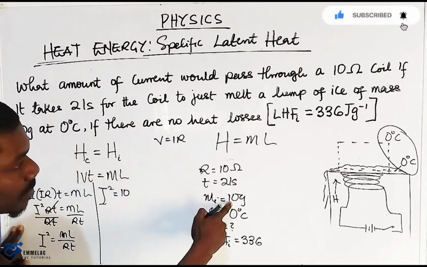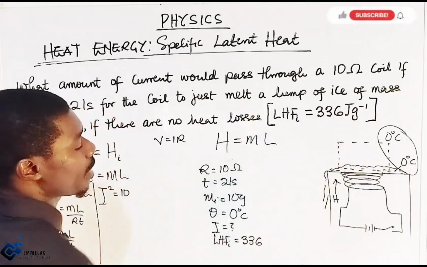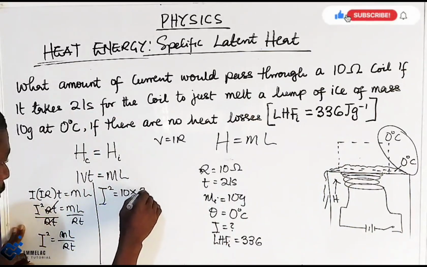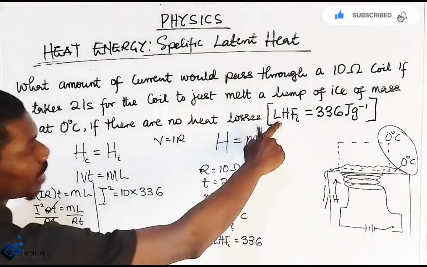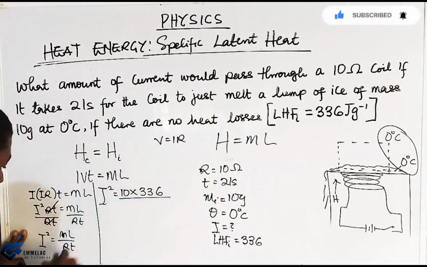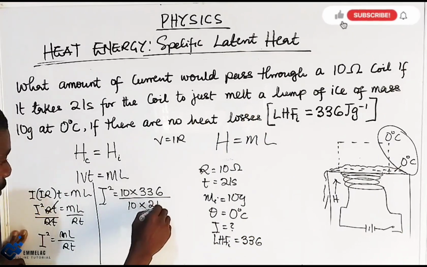Since the latent heat is given in joules per gram, we can just leave this as gram. Then times 336, which is the latent heat of fusion of ice. Then all over the resistance, which is 10, times the time, 21 seconds.